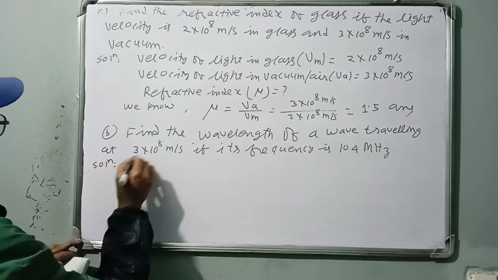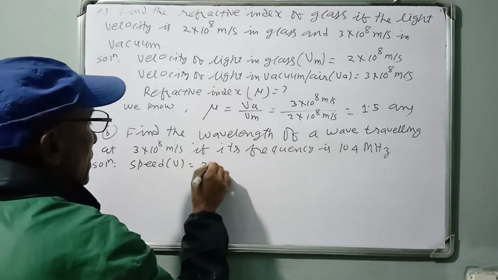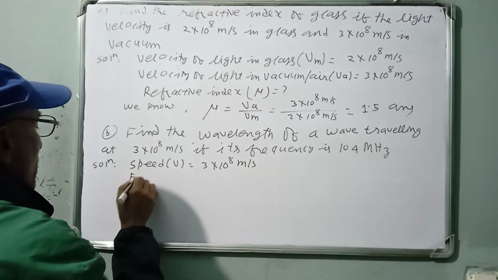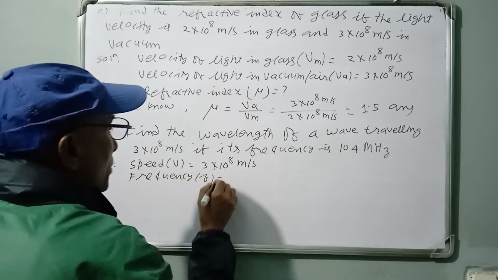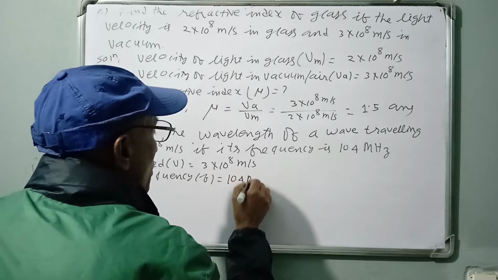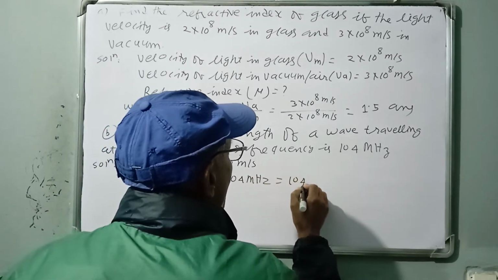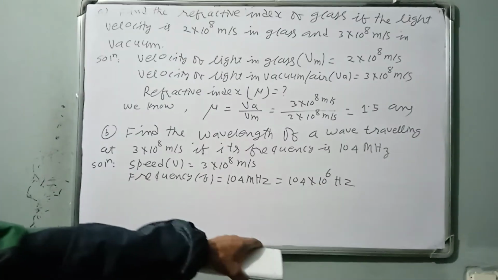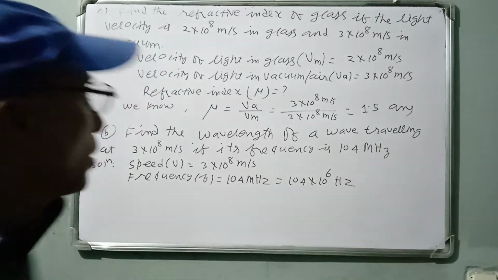Solution: speed 3 into 10 to the power 8 meter per second, and frequency f equal 104 megahertz, equal 104 into 10 to the power 6 hertz, because 1 megahertz equal 10 to the power 6 hertz. Megahertz to kilohertz, kilohertz to hertz.